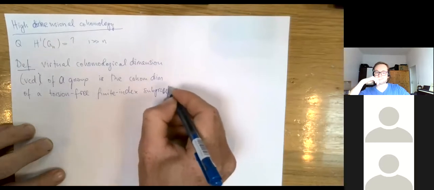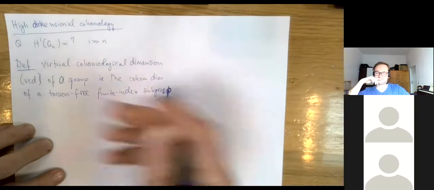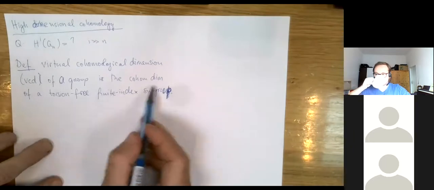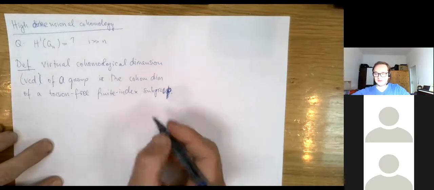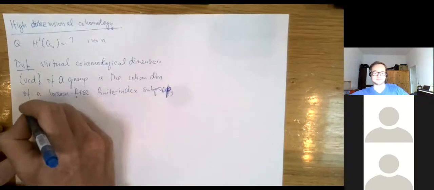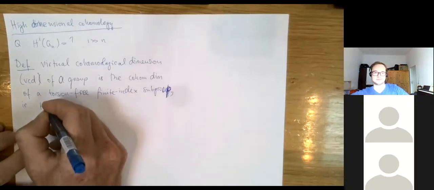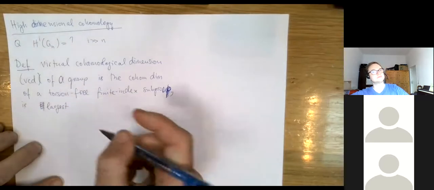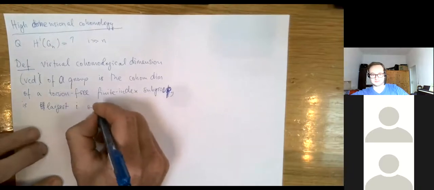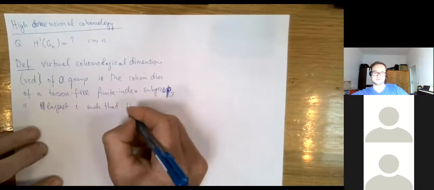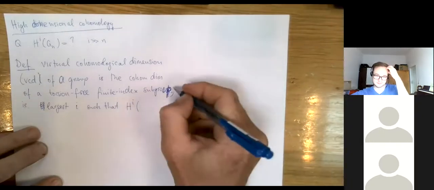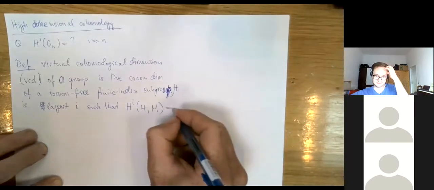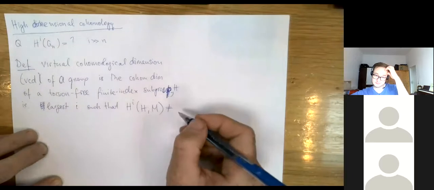Subgroup. I also show my spelling here. And what's the cohomological dimension? The cohomological dimension of H is the largest i such that H^i of the subgroup H with coefficients in some H-module is non-zero.